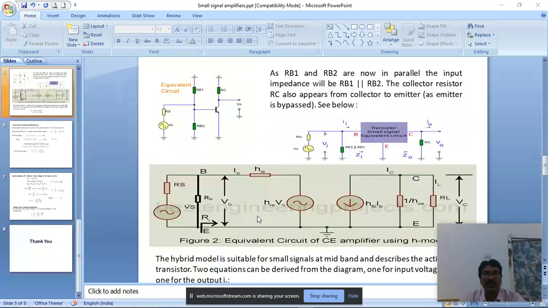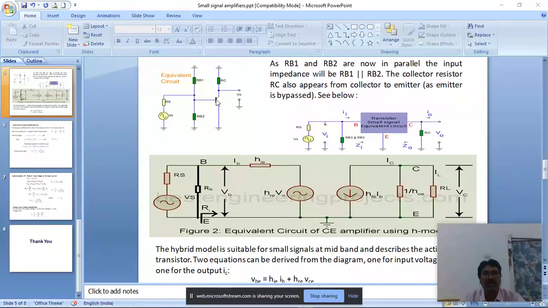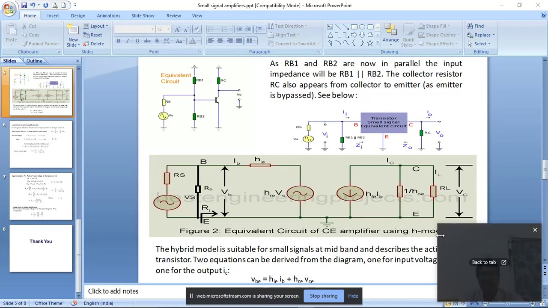See that here: all the capacitors are short circuited, and the power supplies are grounded, giving the modified circuit. The fourth step is that the transistor is replaced by its linear equivalent model, that is the H parameter model. Then the equivalent circuit of the CE amplifier using the H parameter model is as shown in the figure.